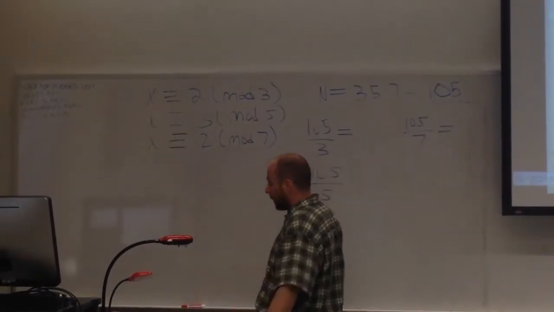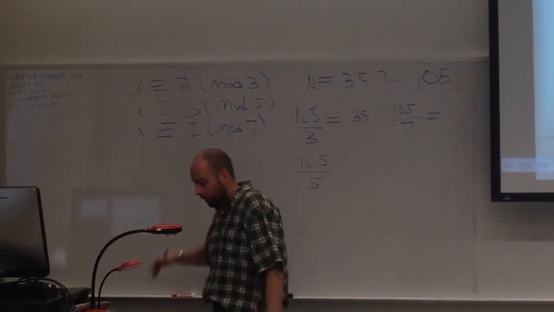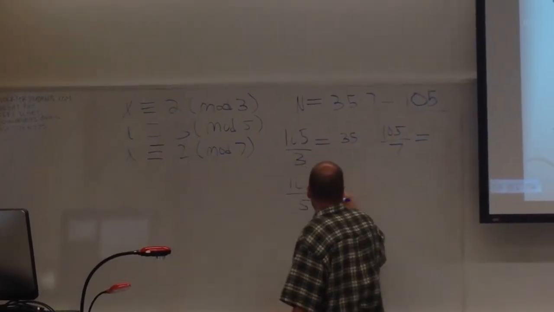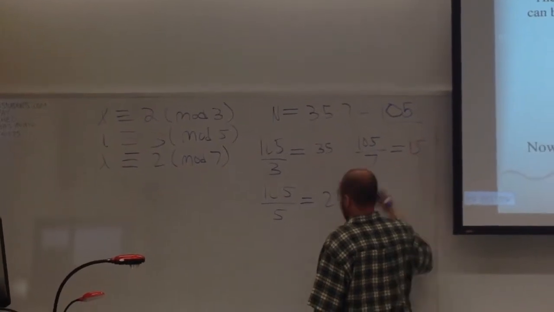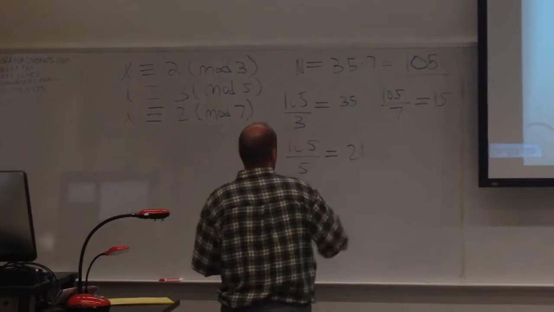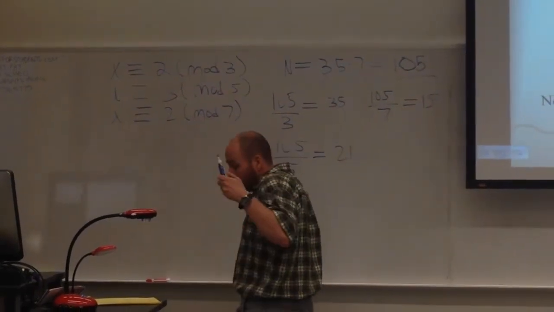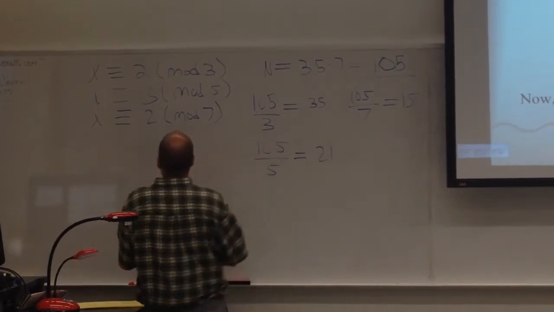Then by looking at this, we see that 2 is an inverse of N over 3, which equals 35.